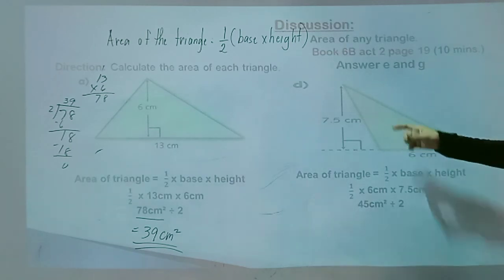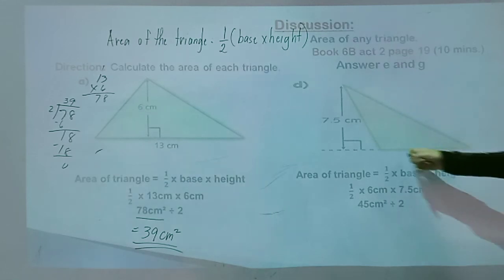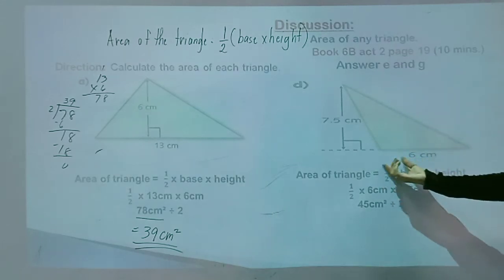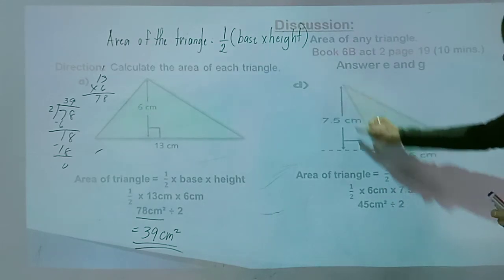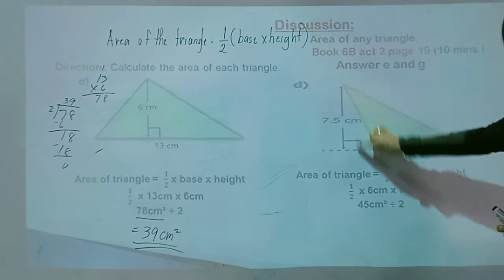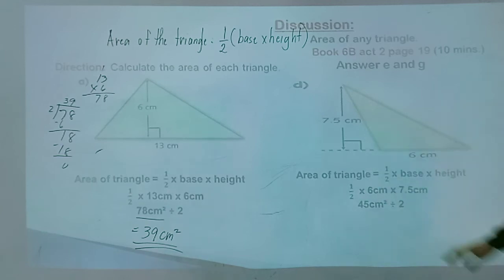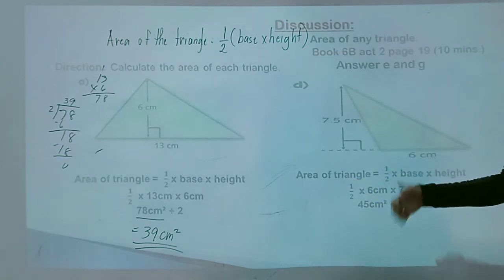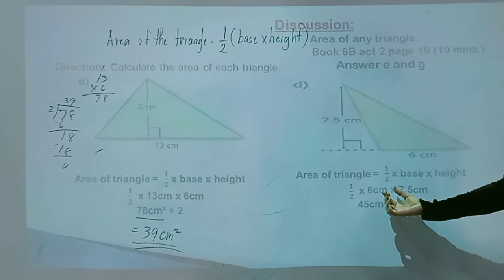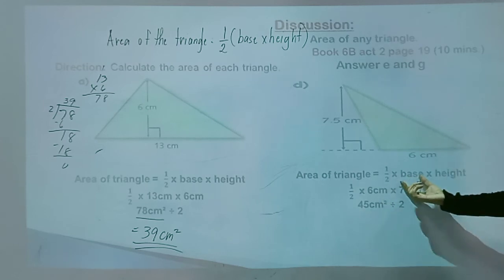Okay, for letter D we have the base is 6 centimeter, okay, and this is the height. The height is 7.5 centimeter. Now, class, by using the formula of the triangle, 1/2 times base times height.